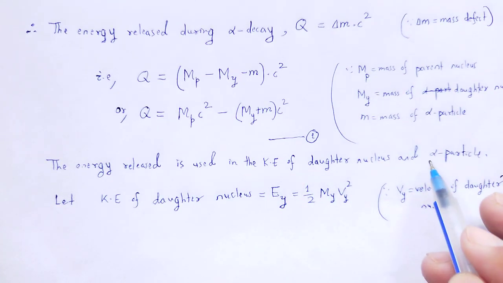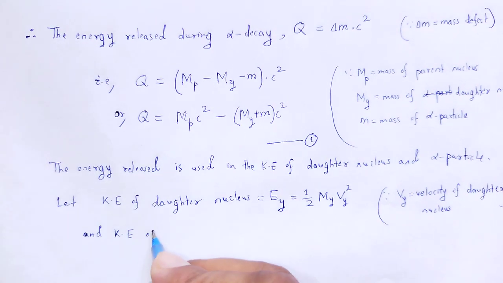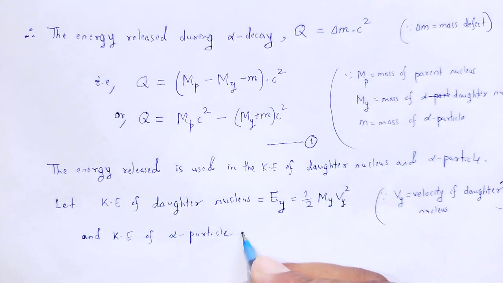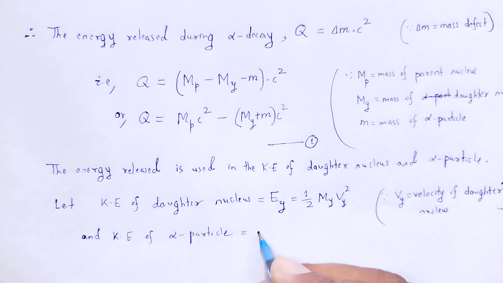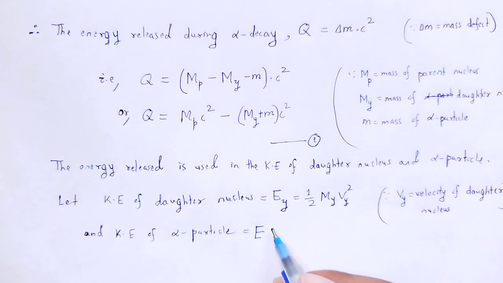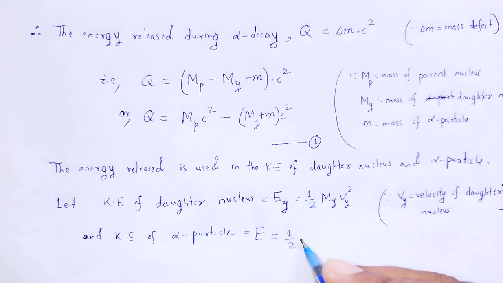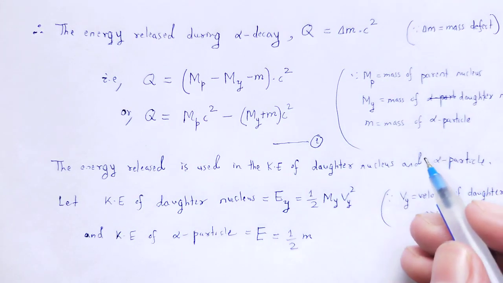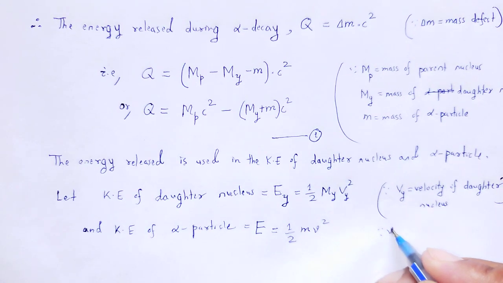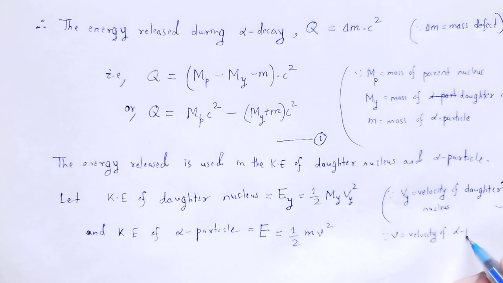Next, the kinetic energy of the alpha particle, let capital E, is half mass of alpha particle m and velocity of alpha particle small v square, whereas small v is the velocity of the alpha particle.